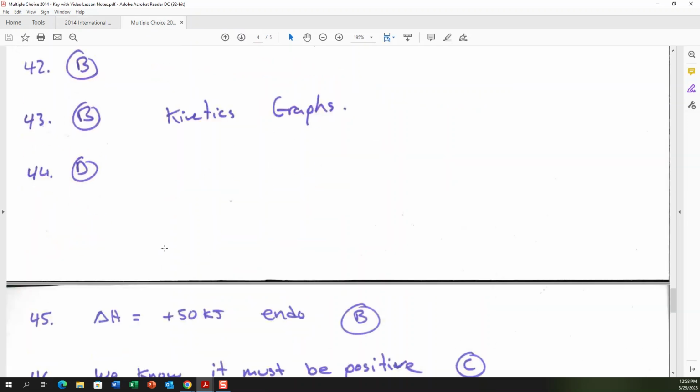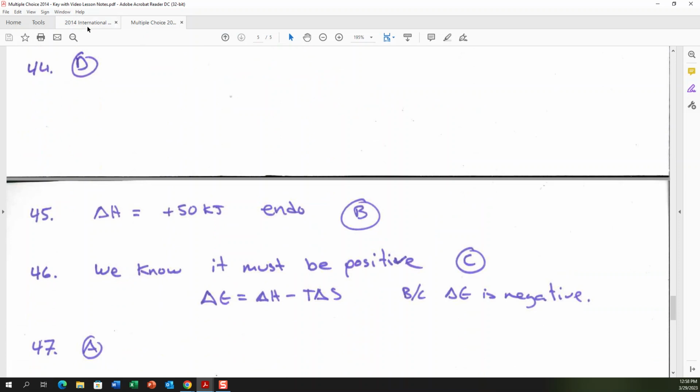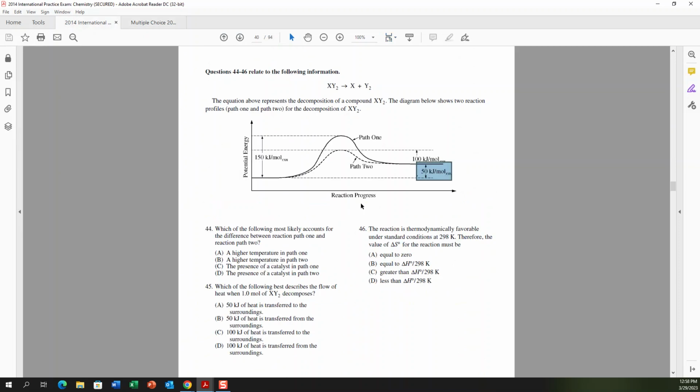And if it's from the surroundings, it means it's to the system. If this had been exothermic and it was a negative delta H instead, then the correct answer would be A. But because energy is being absorbed from the surroundings to the system, that much energy is transferred from the surroundings. I'd rather say 50 kilojoules of energy is lost by the surroundings, but whatever, it doesn't matter.